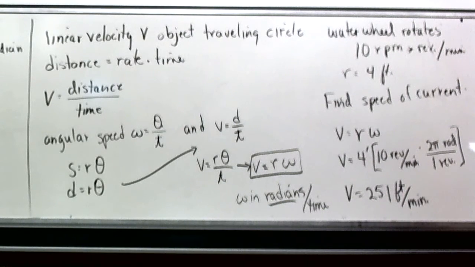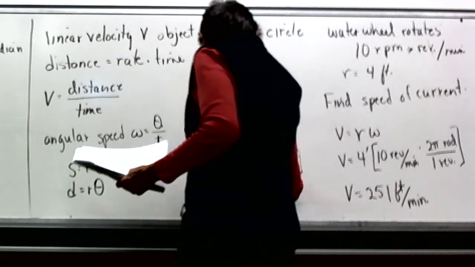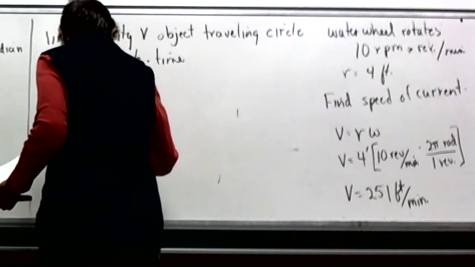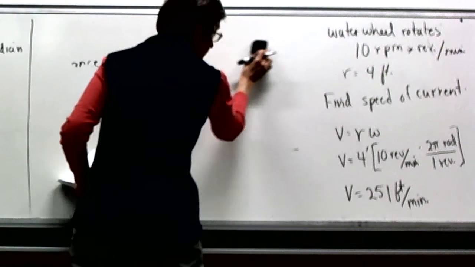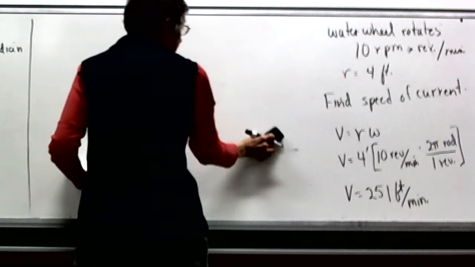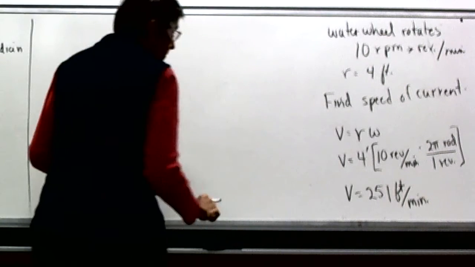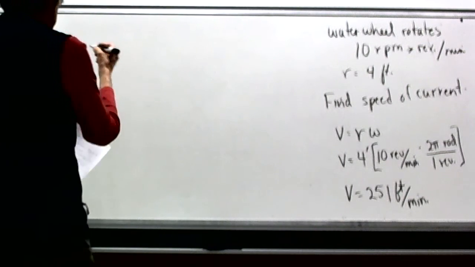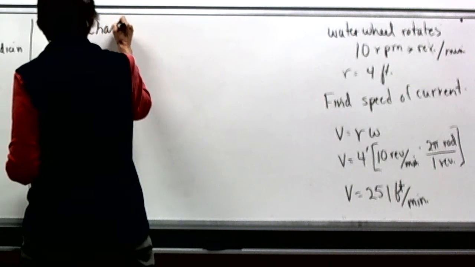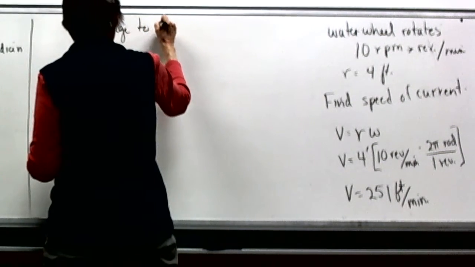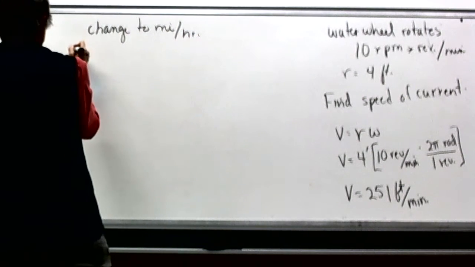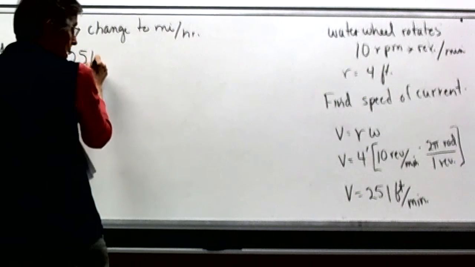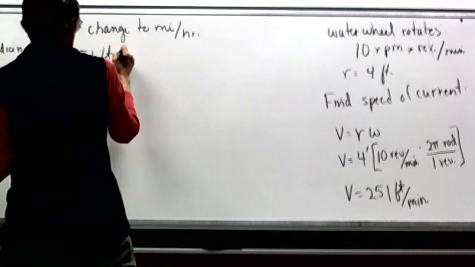Now, if we're asked to change this to miles per hour, it's simply a unit change, and I'll just set it up for you. We're going to have to change the units in the feet to miles and the minutes to hours. So to change to miles per hour, I start off with 251 feet per minute.